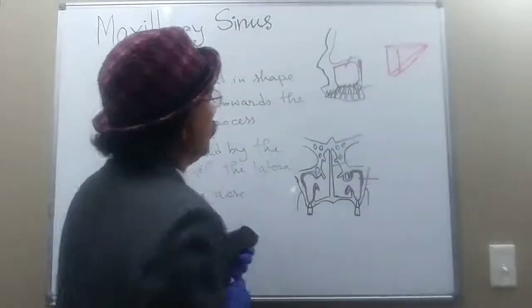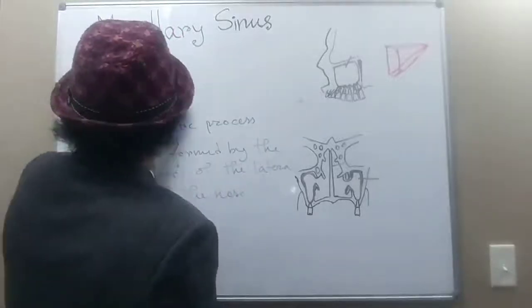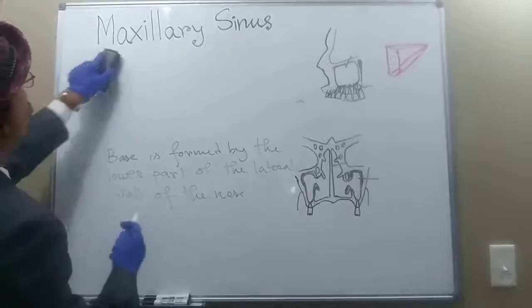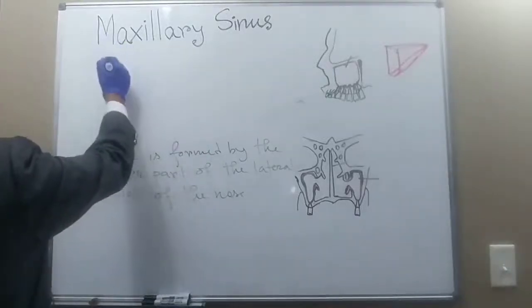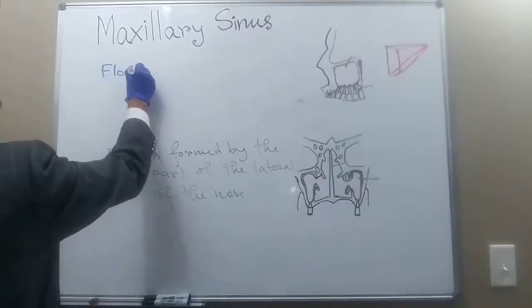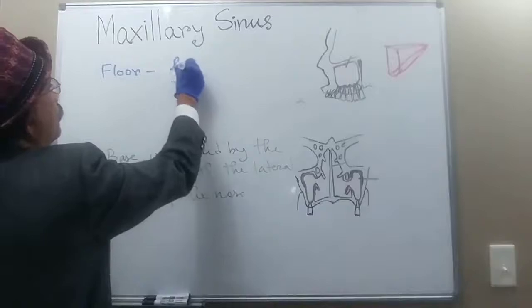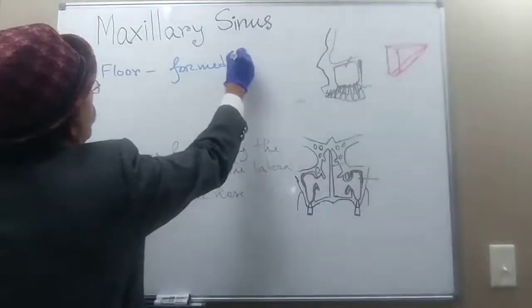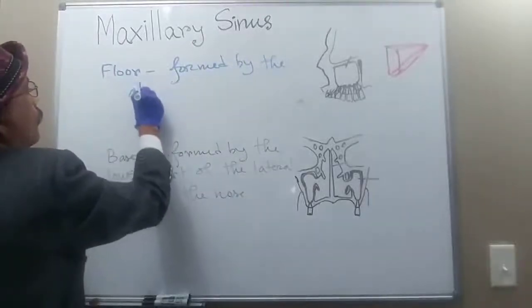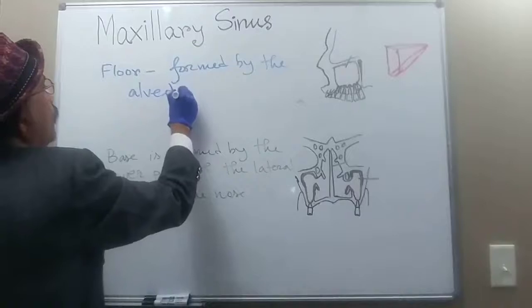Okay. Now we'll go to the floor. We got the apex, we got the base. Now I'll go to the floor. Floor is formed by the alveolar process of the maxilla.